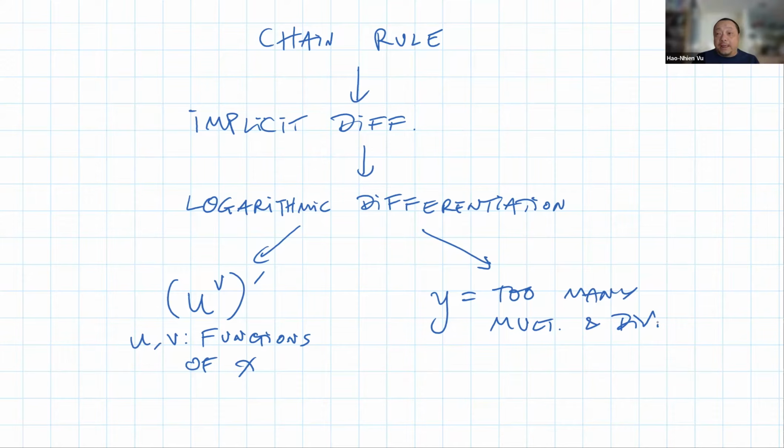In theory, any multiplication can be done with a product rule and any division can be done with a quotient rule. But when there are too many of them, it's just too much work. So logarithmic differentiation helps simplify that.